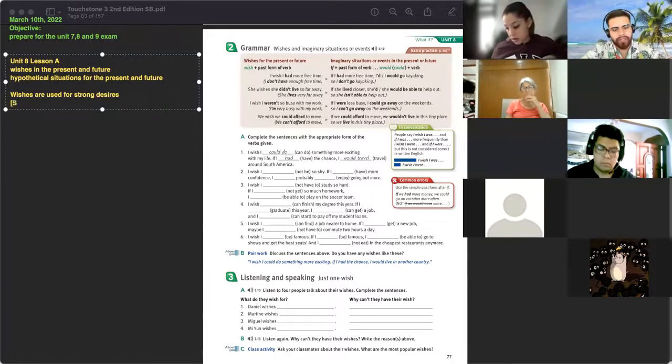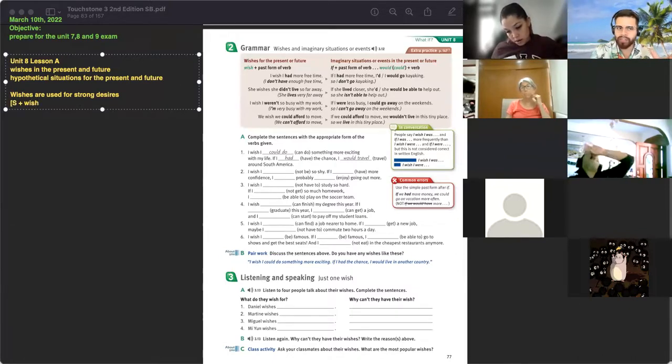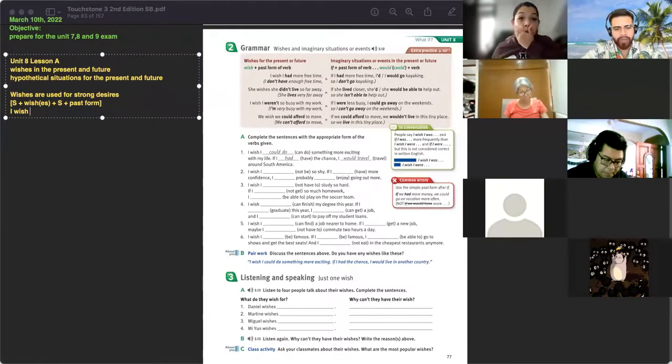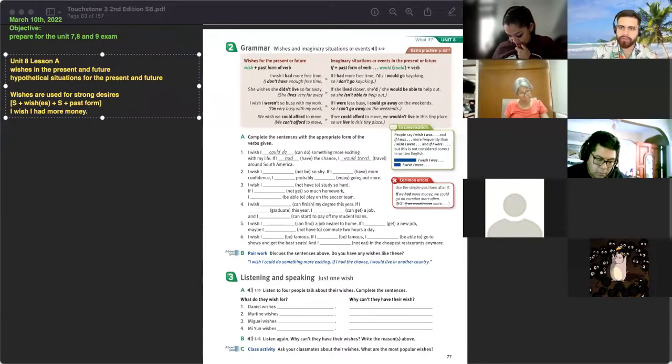We have to use a subject and then some form of wish. It can be third person, wishes, or wish. And then another subject, and then the verb in the past form. Now the past part is the past form. For example, I wish I had more money. This is the common wish, the conventional wish for people.